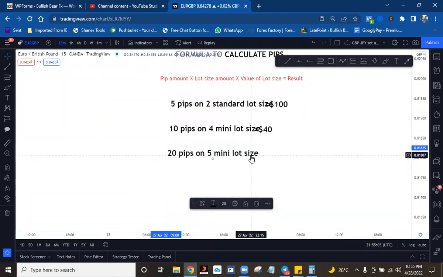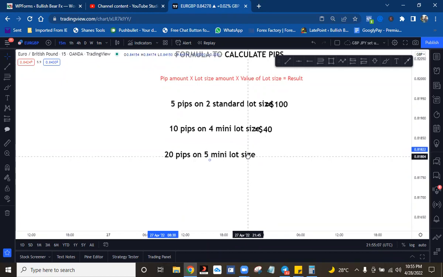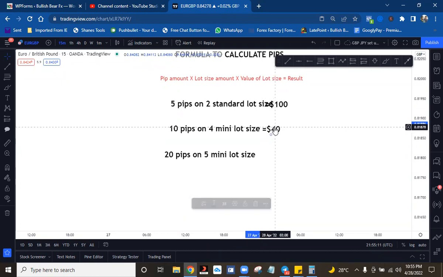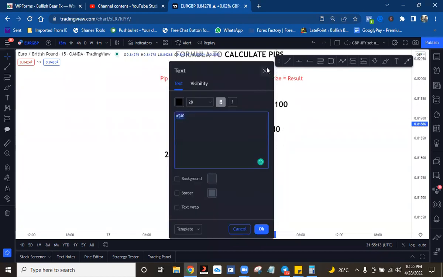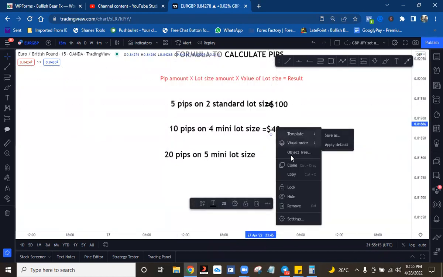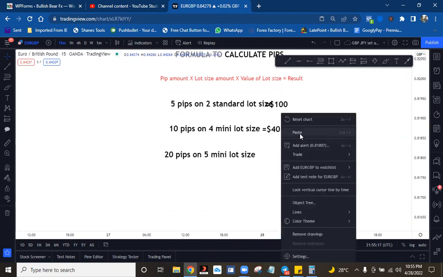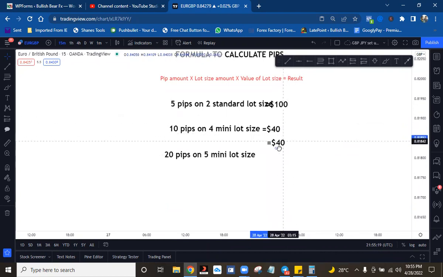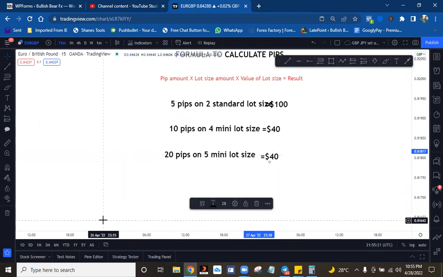If price goes and hits my stop loss of 20 pips in a micro lot size, how much would I lose? That's what we want to know, right? So let's make the calculation.